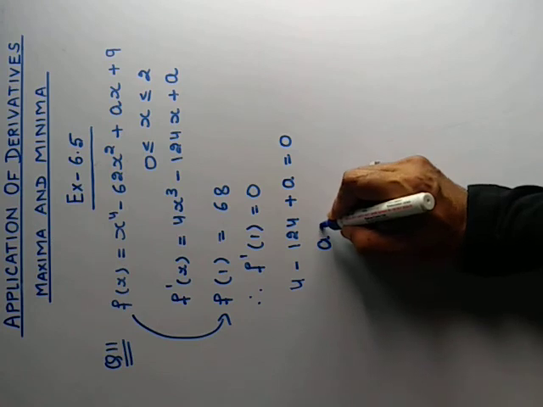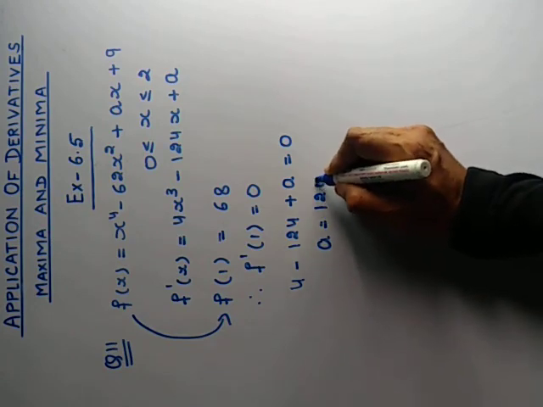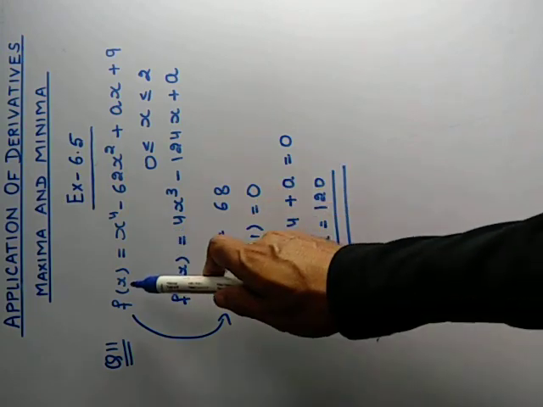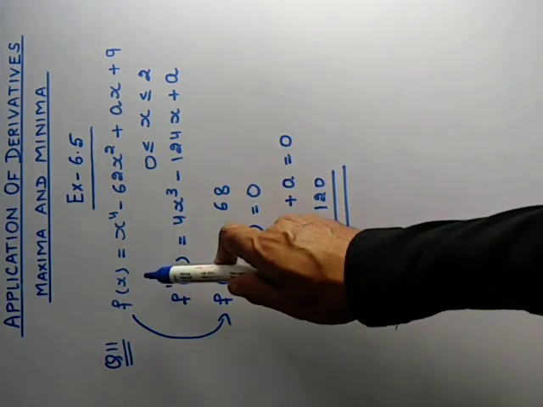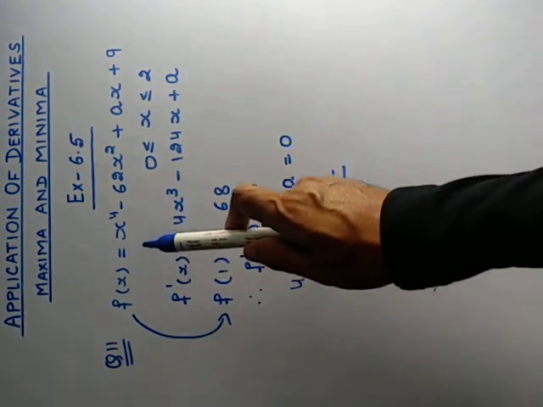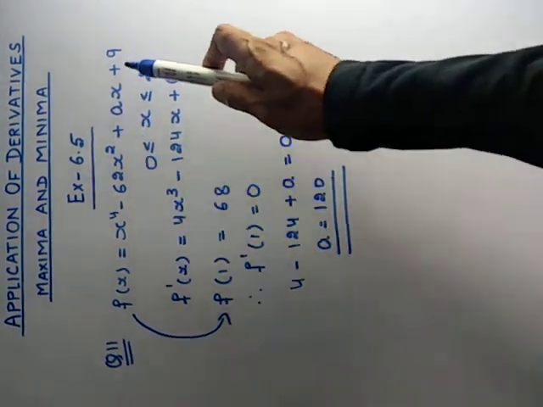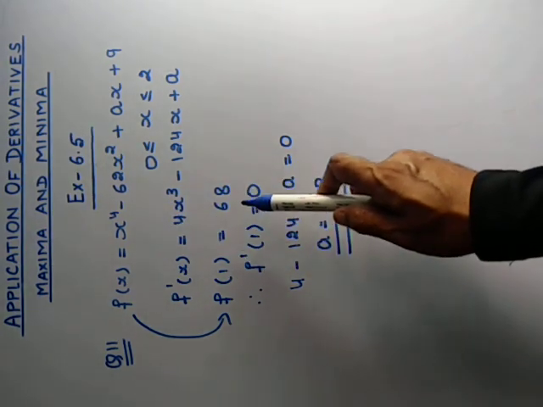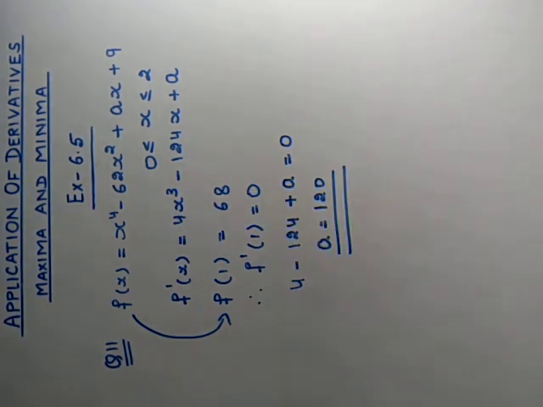So a equals 120. If we put x equals 0, we get 9. If we put x equals 2, we get 17. So the value of the function is maximum at x equals 1. Therefore a equals 120.